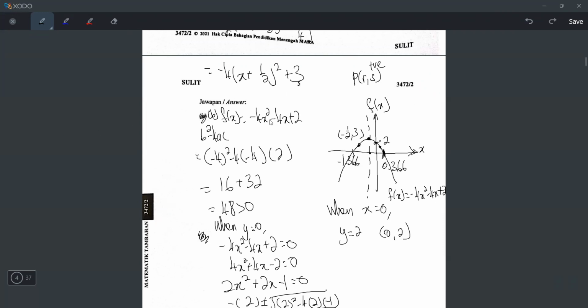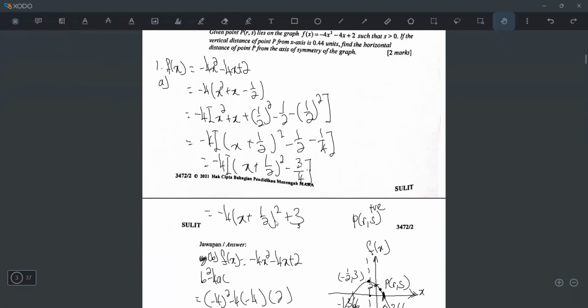Okay, so let's just assume that it's here. Okay, so the 2 I write over here. This one I erase. All right, so let's just assume P is here. P and then (R, S). Okay, so your S is positive. You just assume any point on here on the graph.